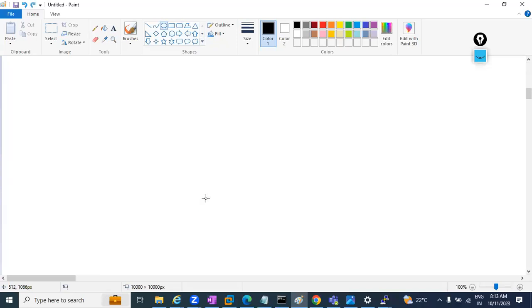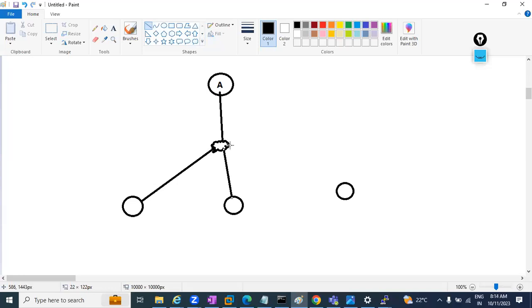Let's consider this is site A, connected over the ISP with multiple sites: site B, then site C, and then site D. They are connected over the ISP with each other, and after that we have direct tunnels between them.